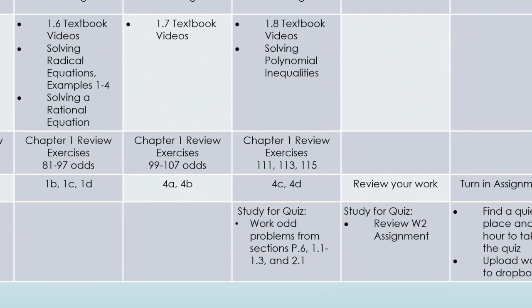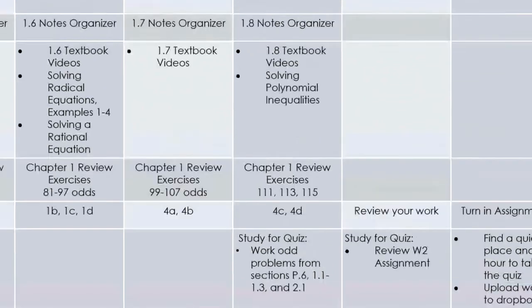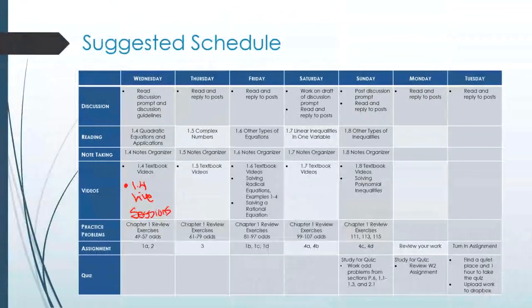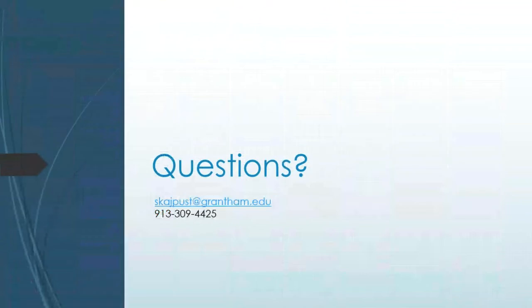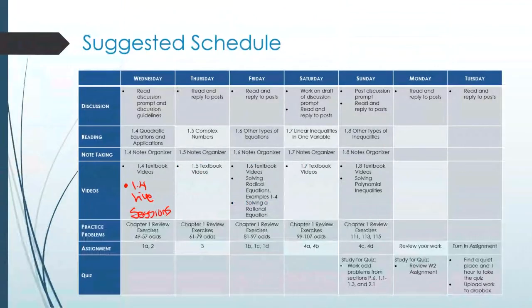Yes, I've got a session on 1.7 and one on 1.8. So because I have live sessions in the classroom already for both of those from previous recordings, I would say focus on those. Don't try to read a textbook. So I'd say 1.7 live session, and then 1.8 live session.